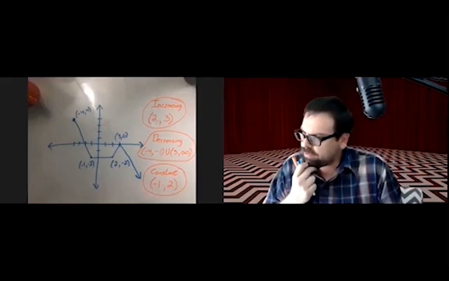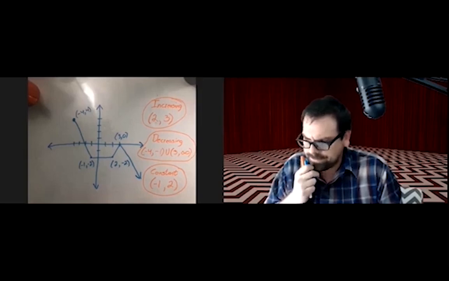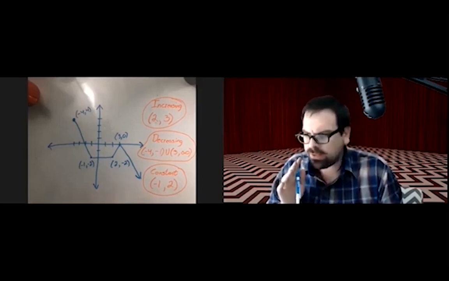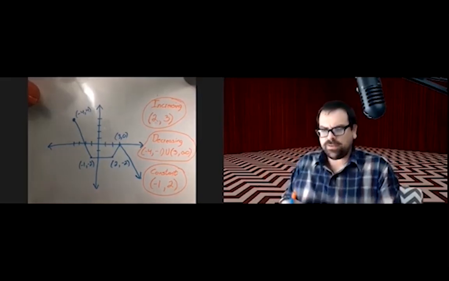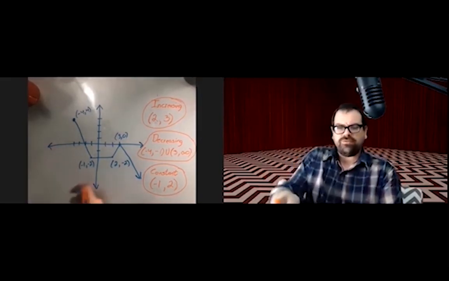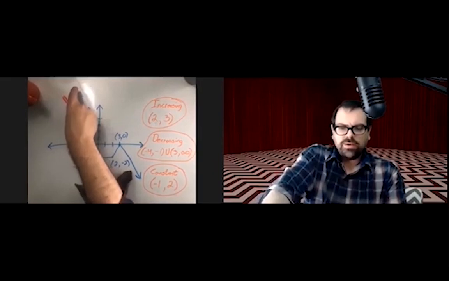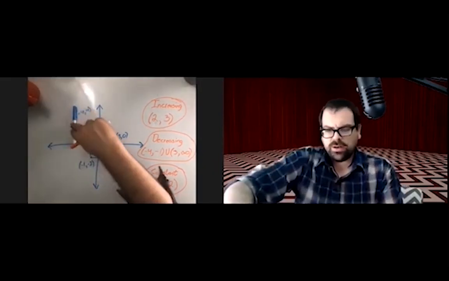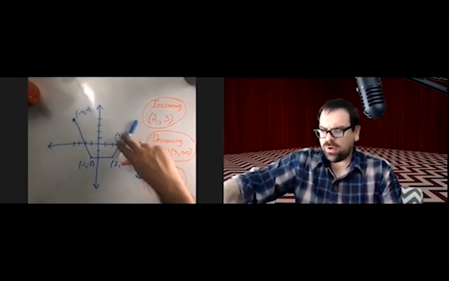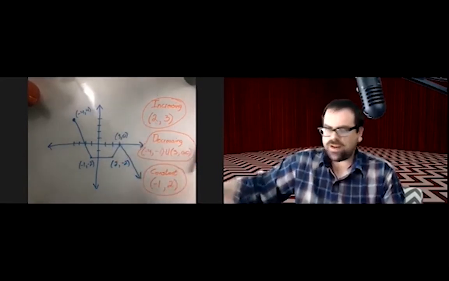One thing I want to mention before we move on from this is that we can see we have no graph before -4. And then from -4 on, we have graph the whole way, forever and ever and ever.